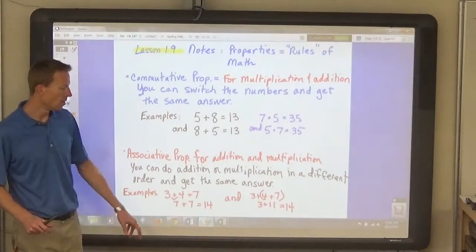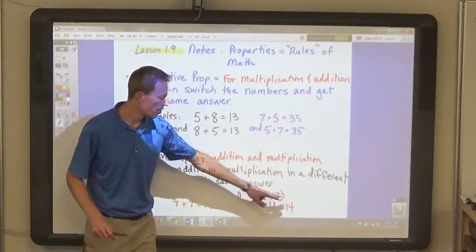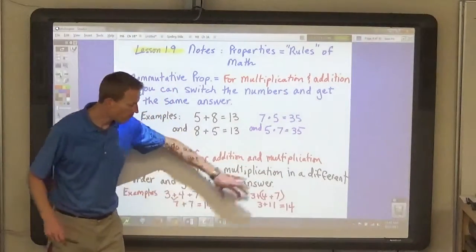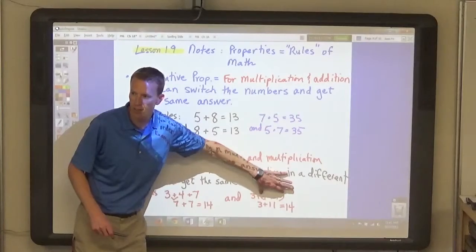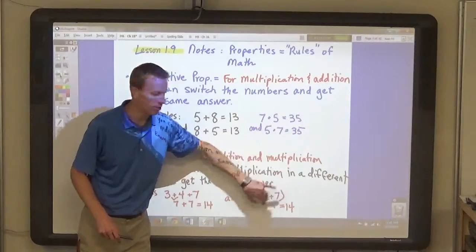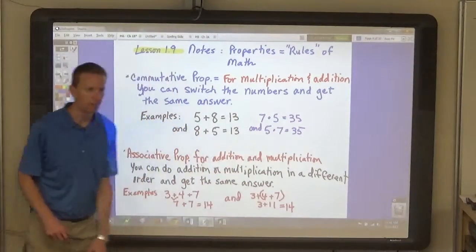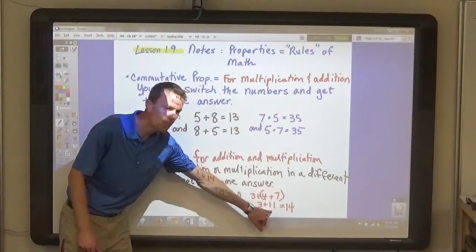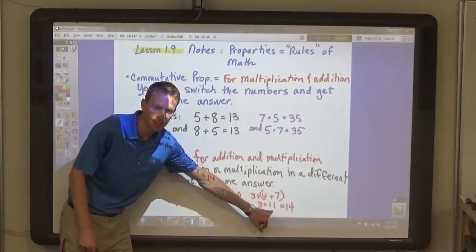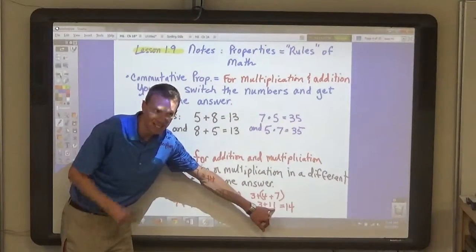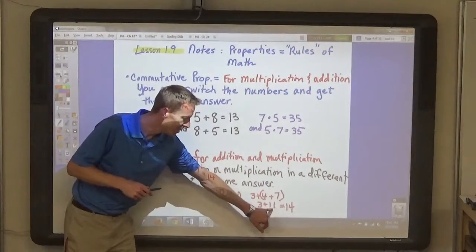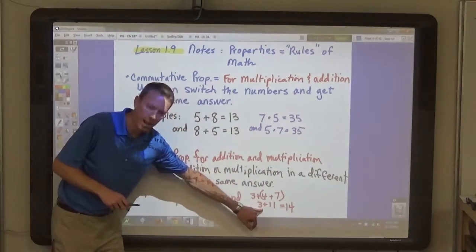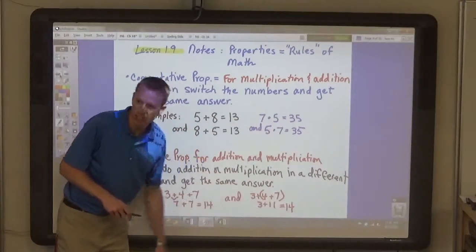Or we can switch the order of the operation by putting parentheses around the last two numbers, around 4 and 7. Look, if you do 4 plus 7 first, you get what, class? 11. Yeah, you get 11. And then if you add 3, you get 14.